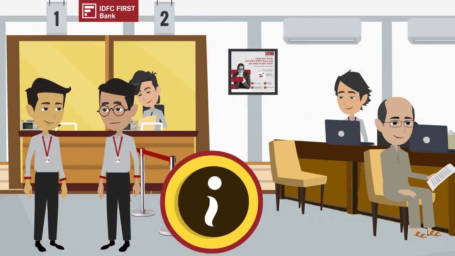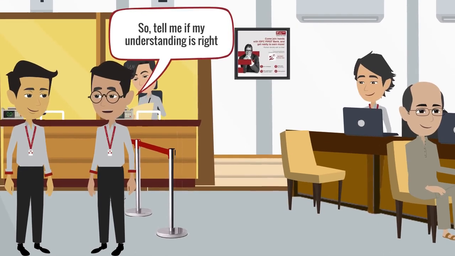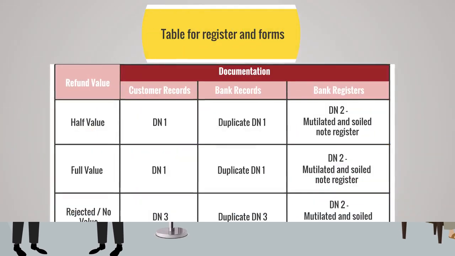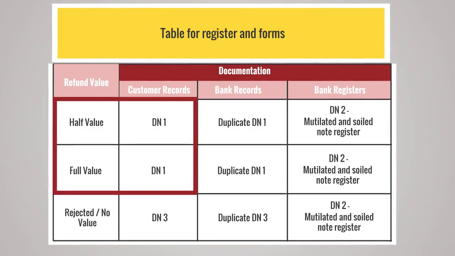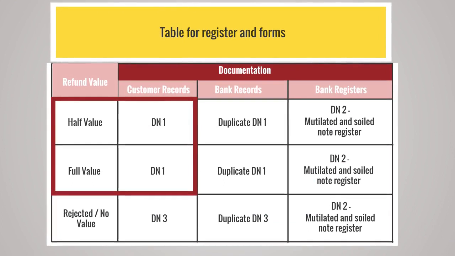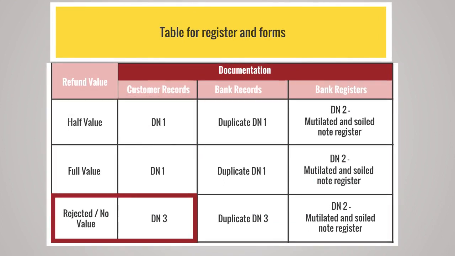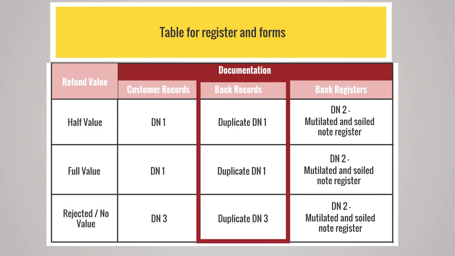Quite informative. So tell me if my understanding is right. Customers are given a DN1 token for full and half value mutilated notes. DN3 token is handed over for rejected notes. Duplicates of DN1 and DN3 are kept for bank records.